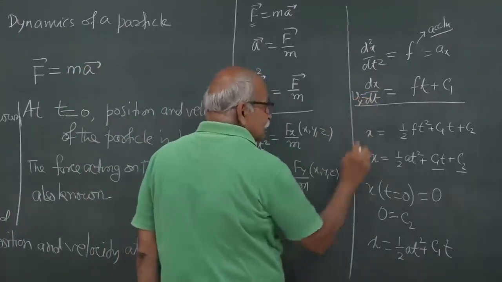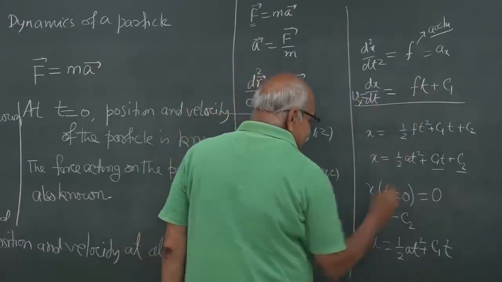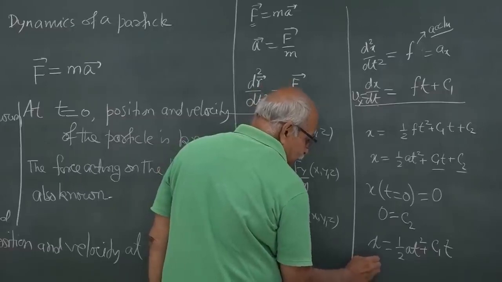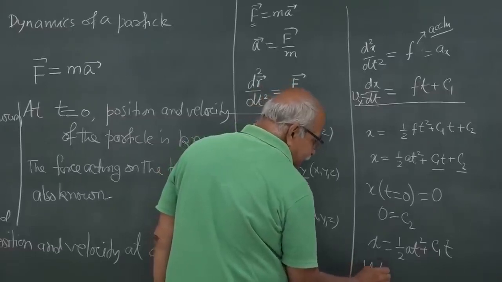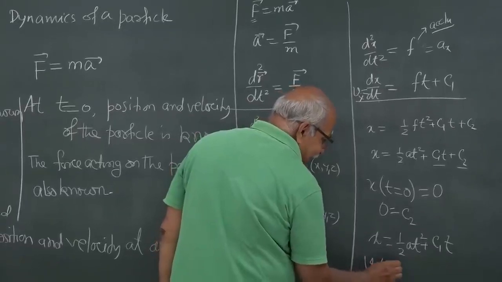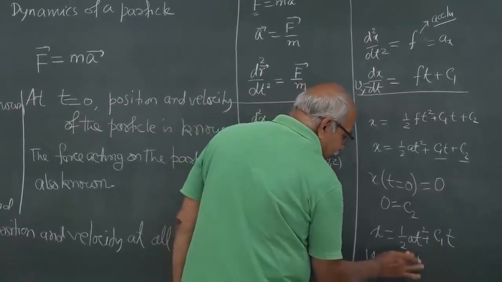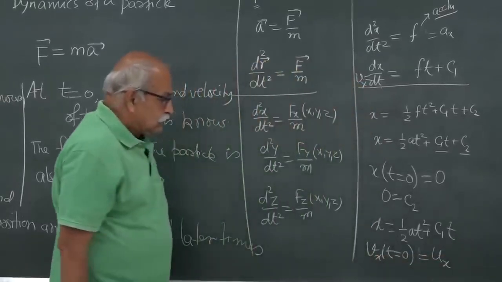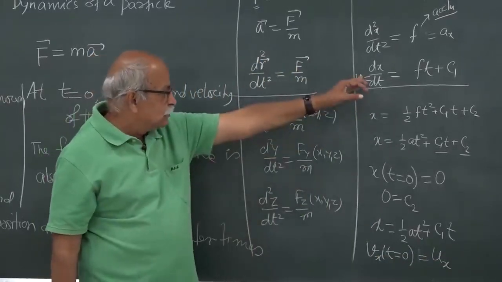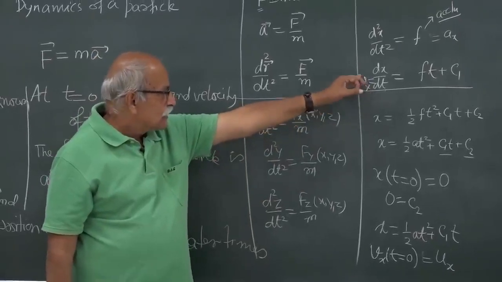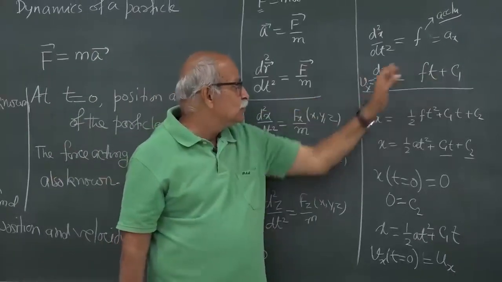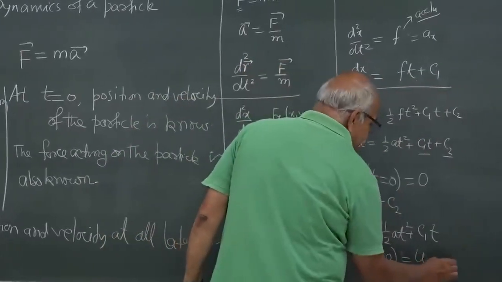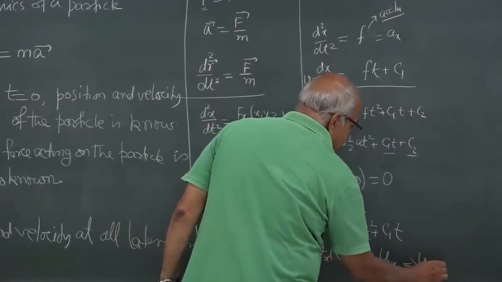So, if I use this information that at t equal to 0, the x component of velocity at t equal to 0 is known, and I call it ux, then I can use this equation, ux is equal to, and put t equal to 0, ux is equal to c1.